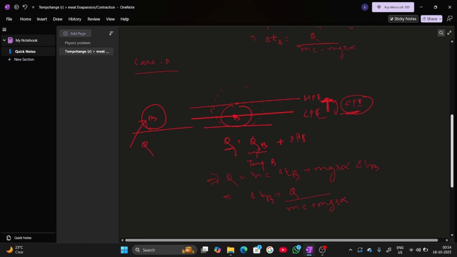Here you can see that the denominator in this case is larger, so delta T_A is greater than delta T_B. You can say T_final of A minus T_initial is greater than T_final of B minus T_initial, as both have the same initial temperature. So T_final of A is greater than T_final of B. So the final temperature of A is greater than the final temperature of B.